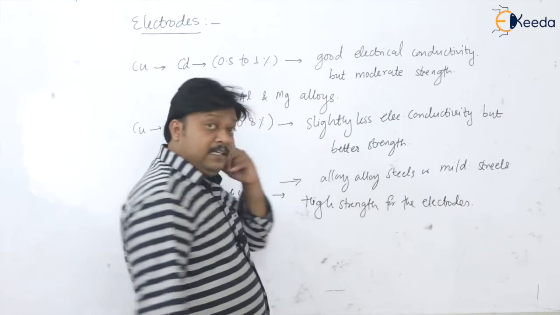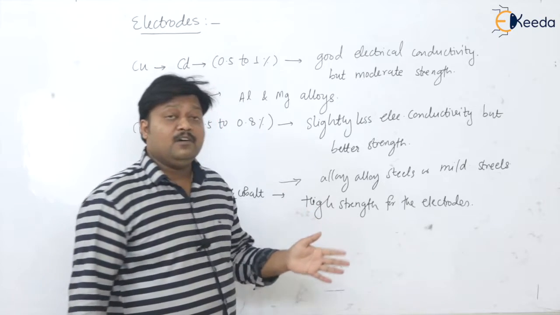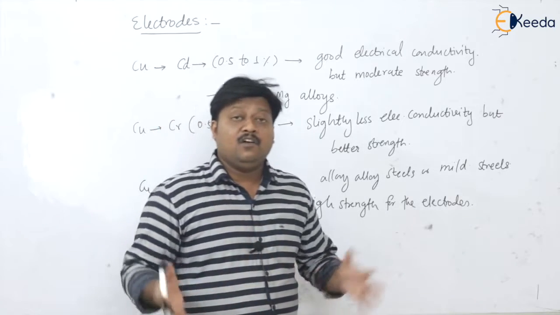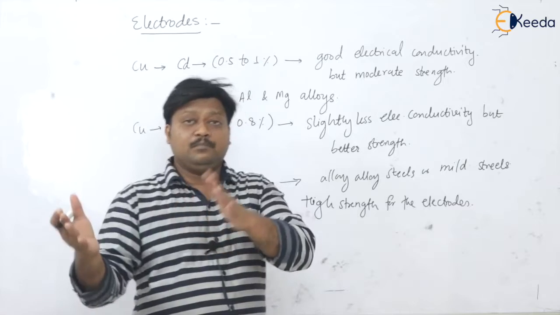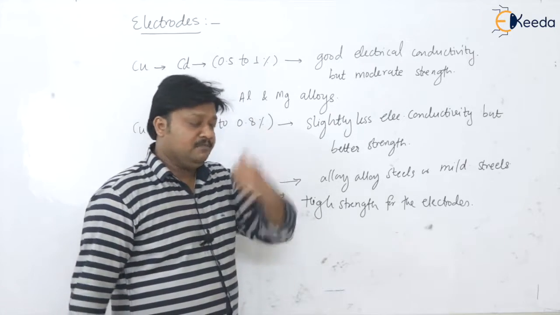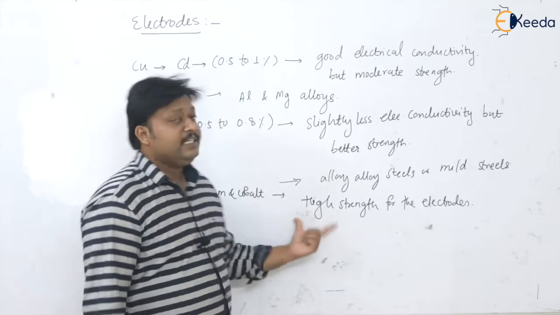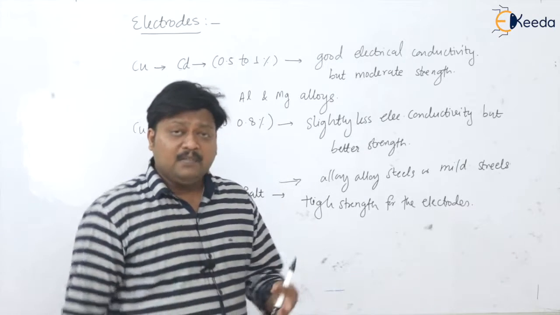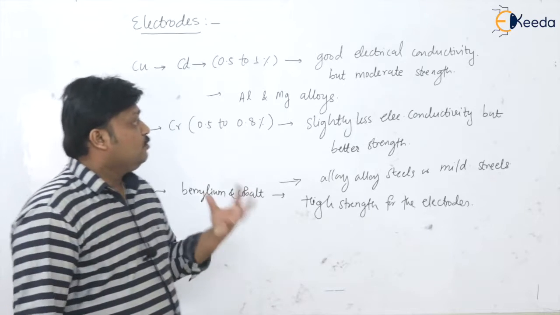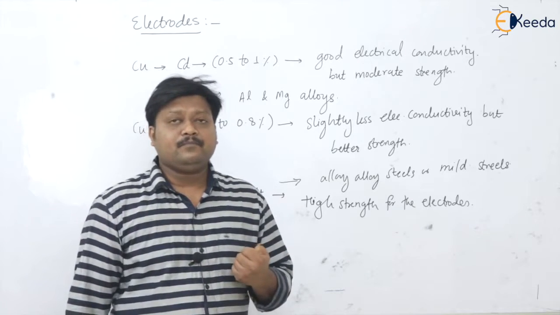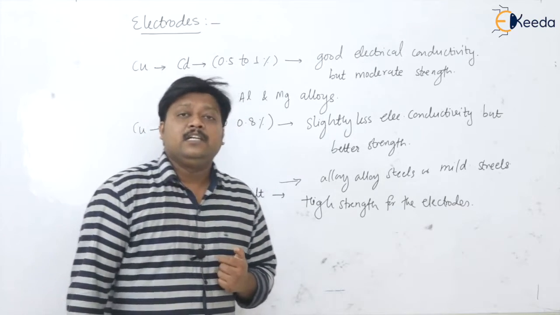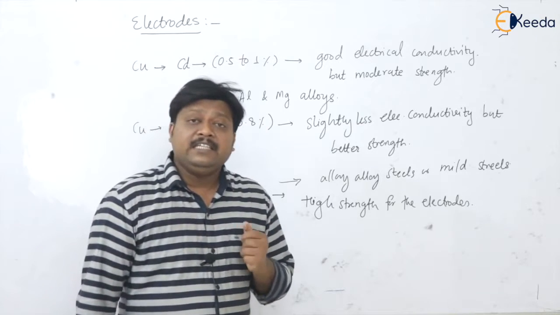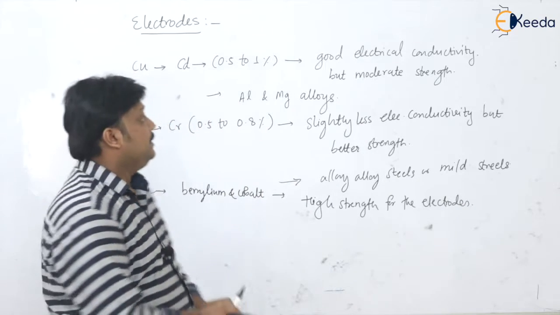So that is the reason why they are used in the welding of, say, stainless steel plates or steel plates with tungsten plates. So we can use that combination. Very high strength for the electrode. So these are the alloying elements added into the copper to enhance its strength, so that it can be easily used in resistance welding.